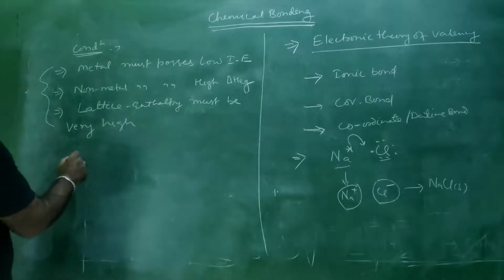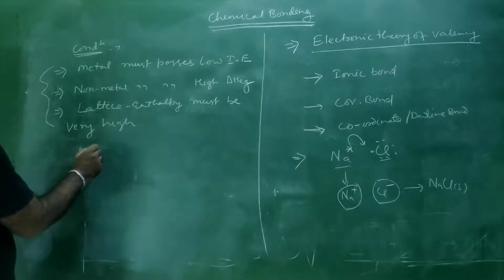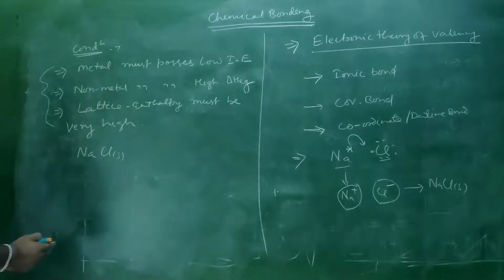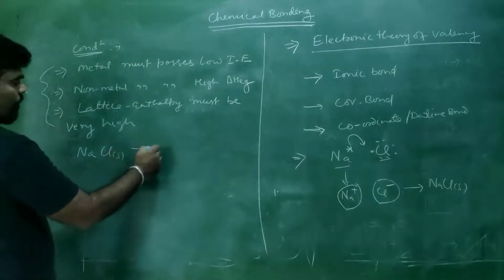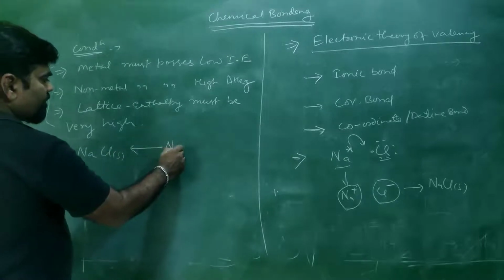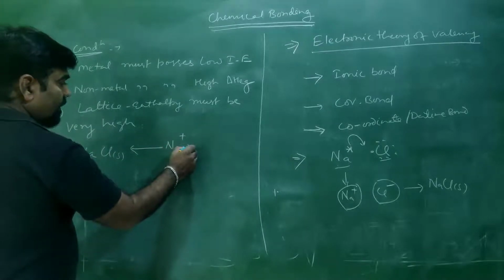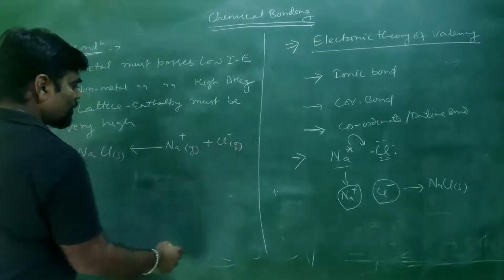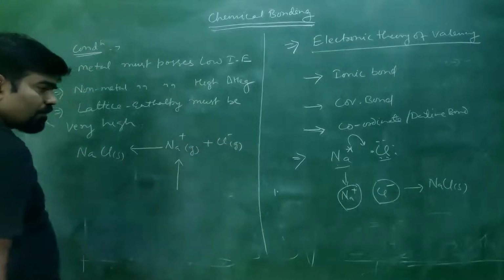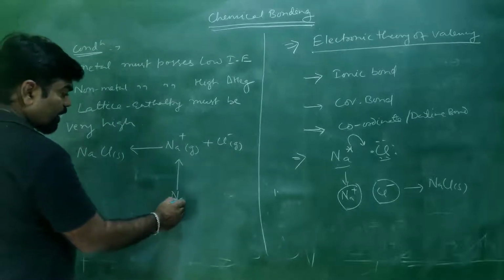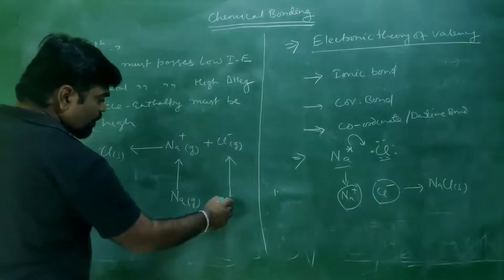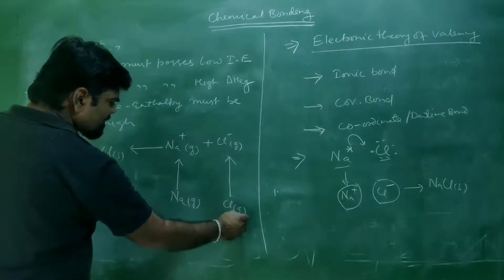Suppose we need to form NaCl. For the formation of the solid crystal lattice structure, we must have Na+ gaseous and Cl- gaseous ions. Na+ gaseous ion must be produced from Na gaseous atom. Cl- gaseous ion must be produced from Cl gaseous atom.